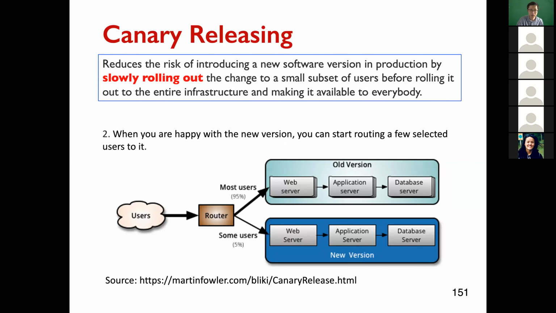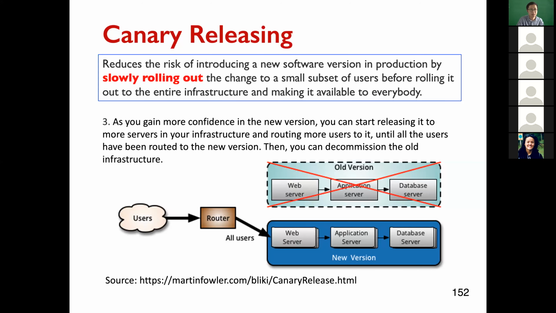Then after we do some testing in the production environment, we redirect a small subset of the users, for example, 5% of the users, to the new version, the new infrastructure. It's the second step. Then, based on the evaluation on the 5%, we get more confidence in the new version.